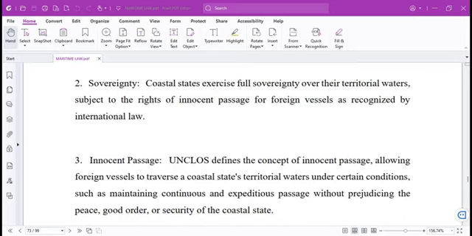We have the innocent passage. UNCLOS defines the concept of innocent passage, allowing foreign vessels to traverse a coastal state's territorial water under certain conditions.